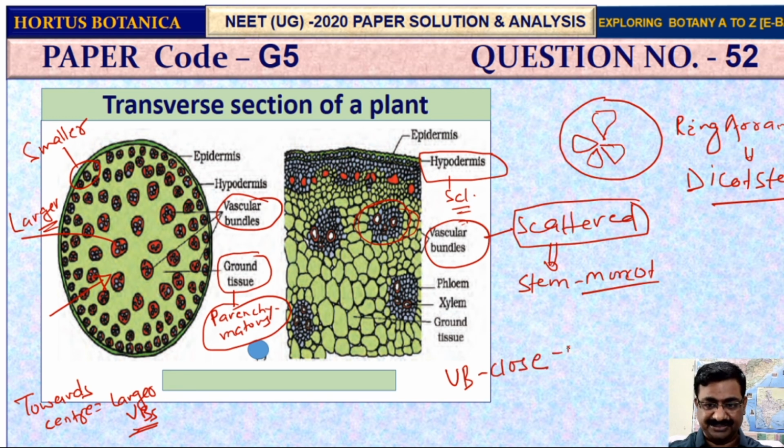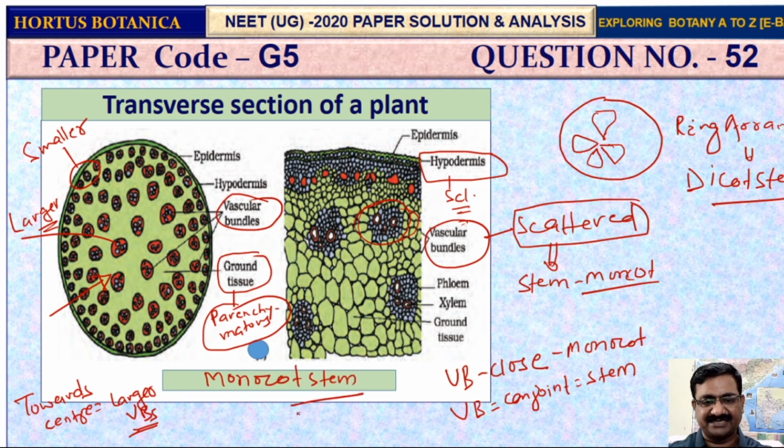So this is monocot. Second, the vascular bundle is conjoint, so this is not root, rather it is a stem. So the diagram indicates one and only the anatomical features of the monocot stem. So by this diagram, this question can be easily understood, right?